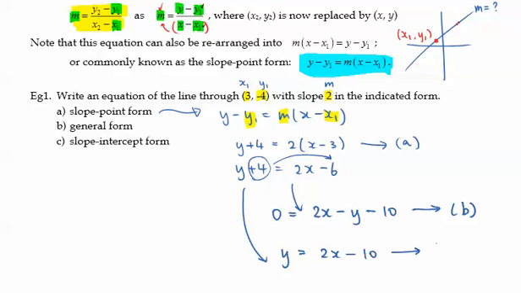So that will be the equation in slope-intercept form. And as you can see, we are still getting the same slope as given to us. We have 2x minus 10. The 2 here in this equation gives us the slope. And this time, we have obtained the y-intercept.